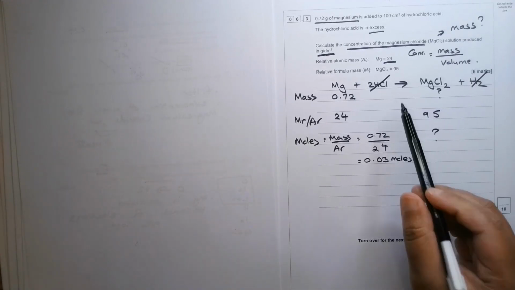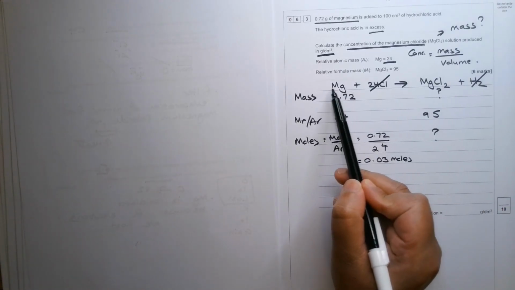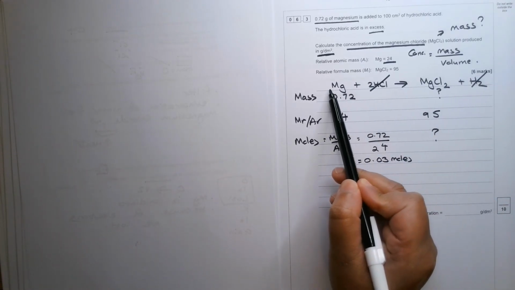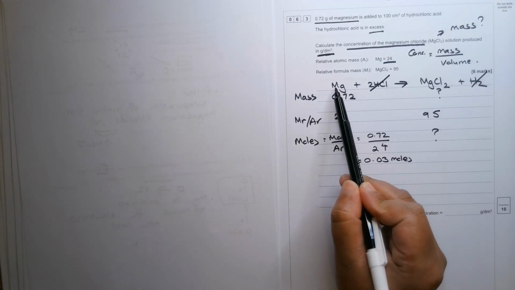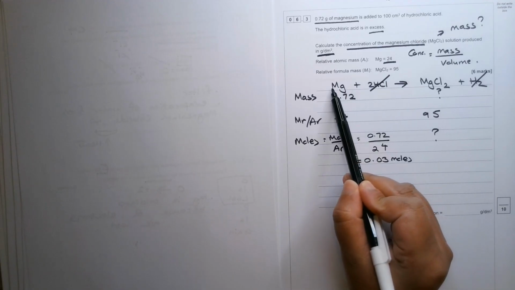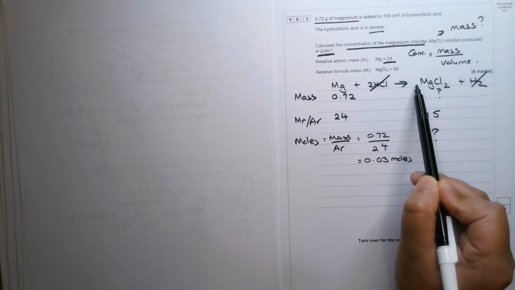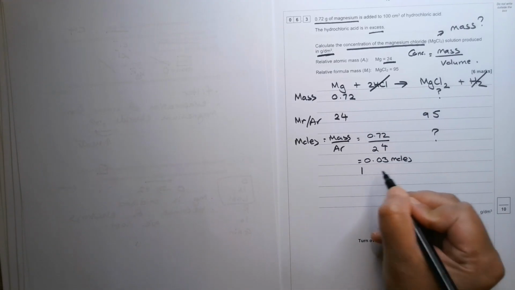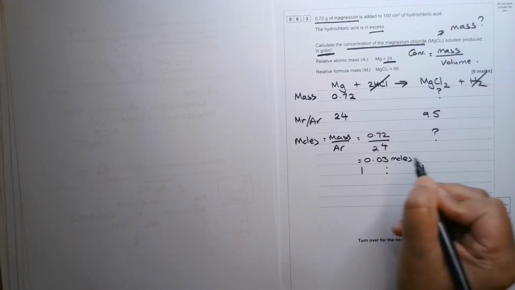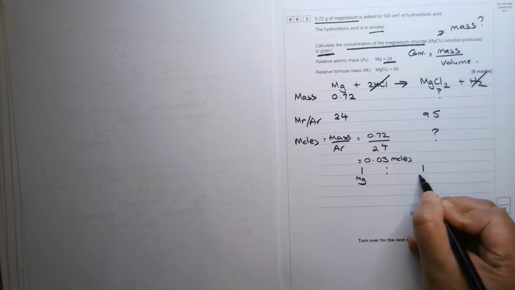Now go to the equation and look at what numbers are at the front. No number means 1. So the ratio is 1 to 1. So 1 mole of magnesium is reacting to form 1 mole of MgCl2. So 1 mole of Mg produces 1 mole of MgCl2.